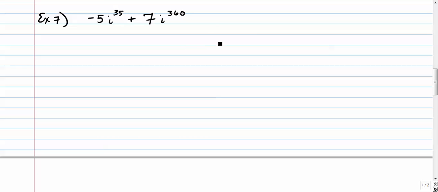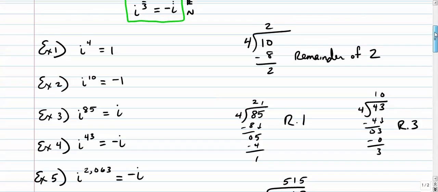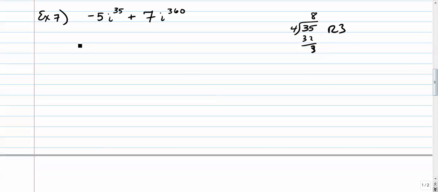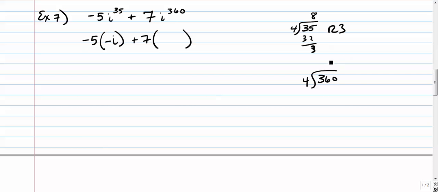Negative 5i to the 35th plus 7i to the 360th. Well, first of all, let's figure out what i to the 35th is equal to. This is 8, 32, that's R3. So R3, if we go back up here, is equal to negative i. So this is negative 5 times negative i plus 7, and now we want to do the same for this.